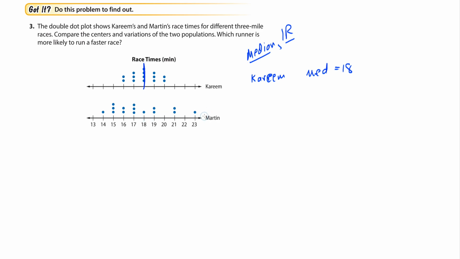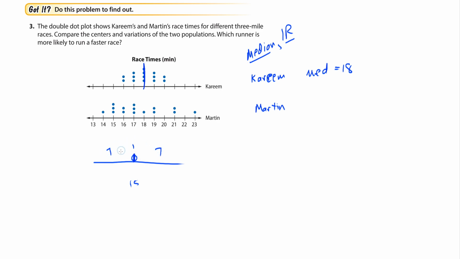Now for Martin, on the other hand, since it's not symmetric, we have to do some counting over. So for Martin, let's see, how many dots? 1, 2, 3, 4, 5, 6, 7, 8, 9, 10, 11, 12, 13, 14, 15 dots. If I have 15 dots and I go to the middle, there's going to be 1 in the middle, and then there's going to be 7 on each side.